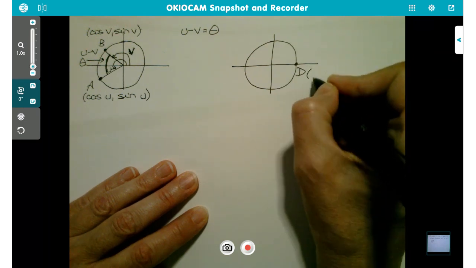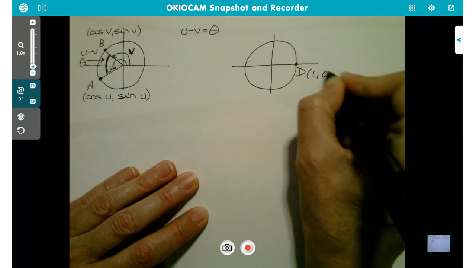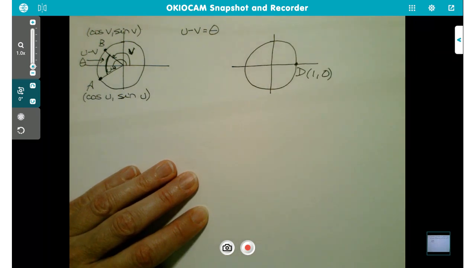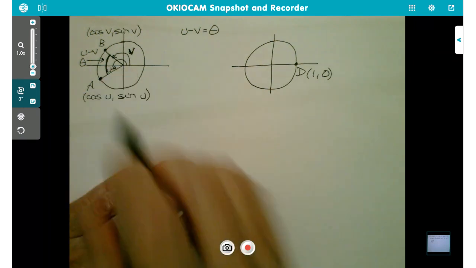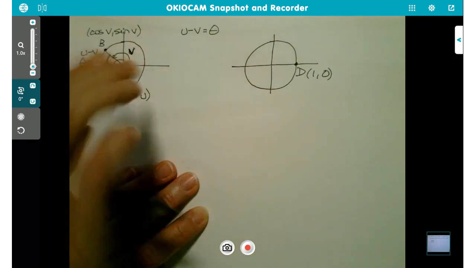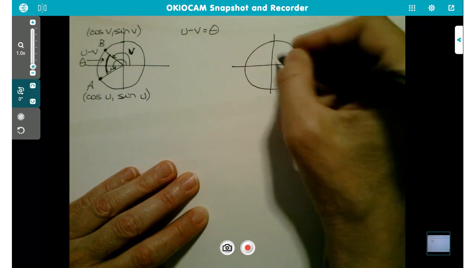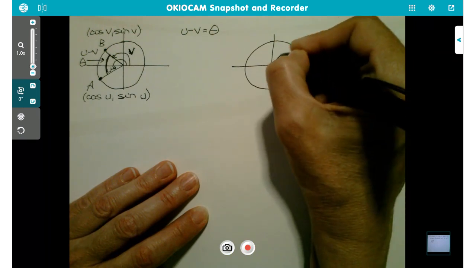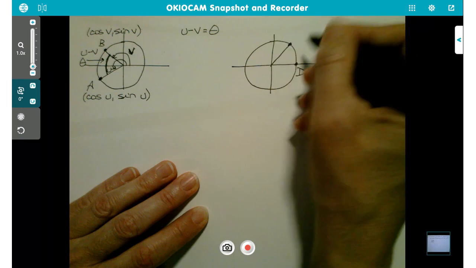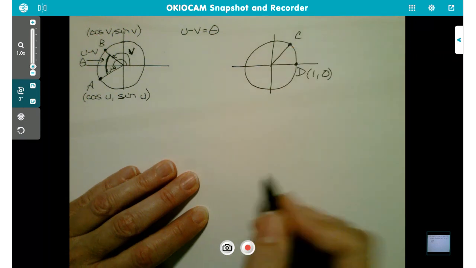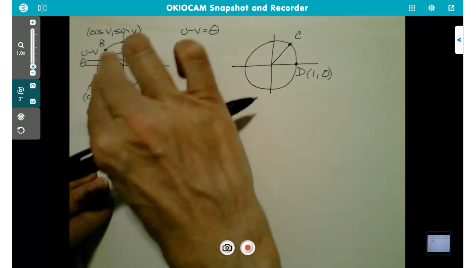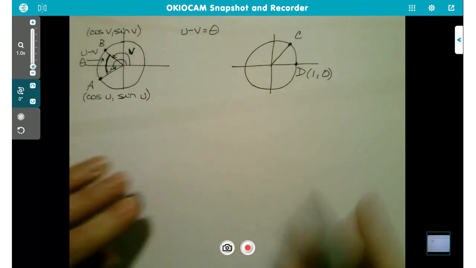And we know its coordinates. Since this is the unit circle, that point is (1, 0). And since I rotated the entire thing around, A now has a new home up here. And we're going to call that C. I rotated the whole thing as a unit.